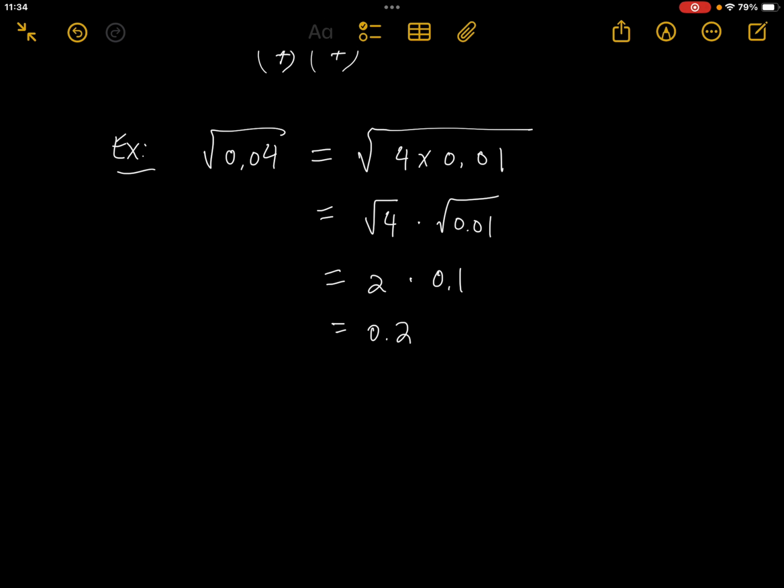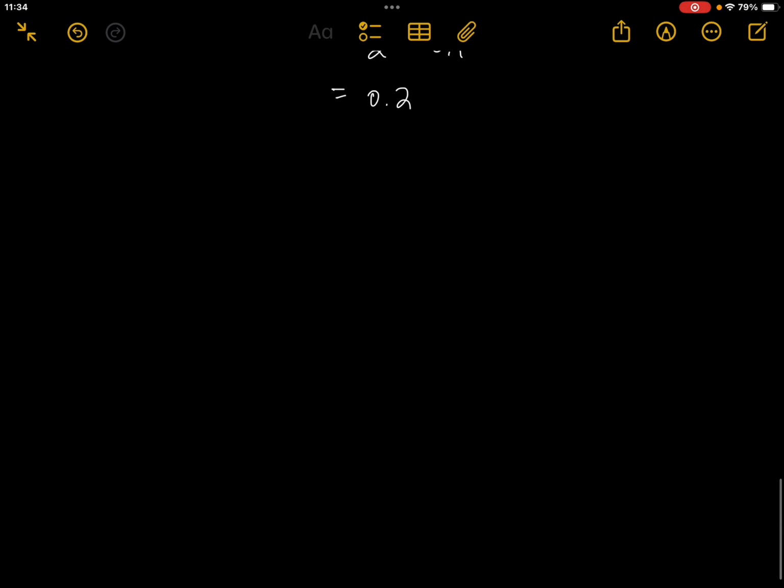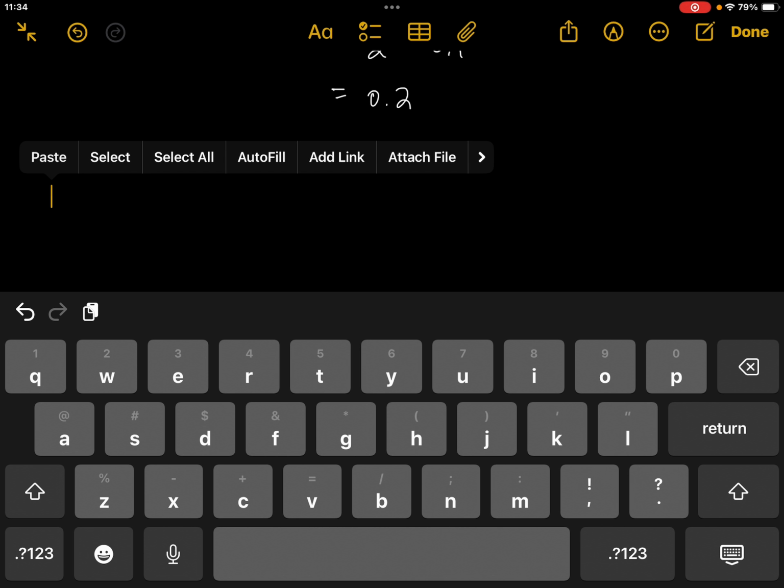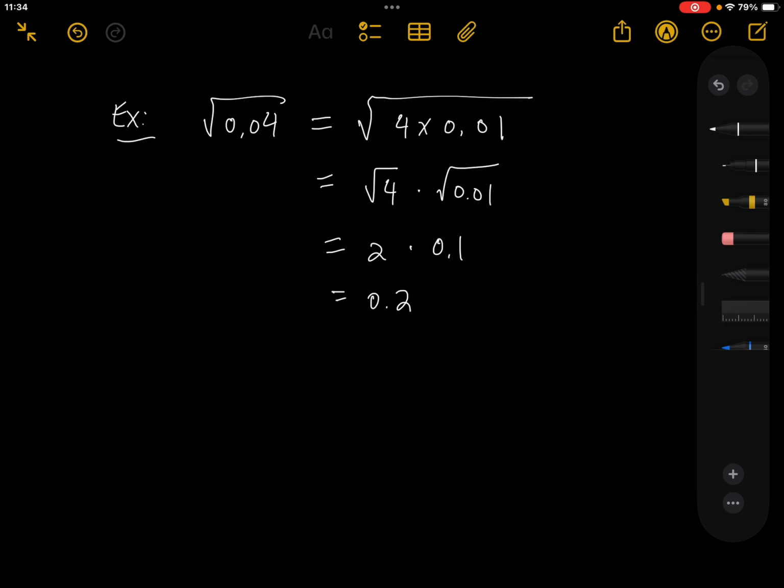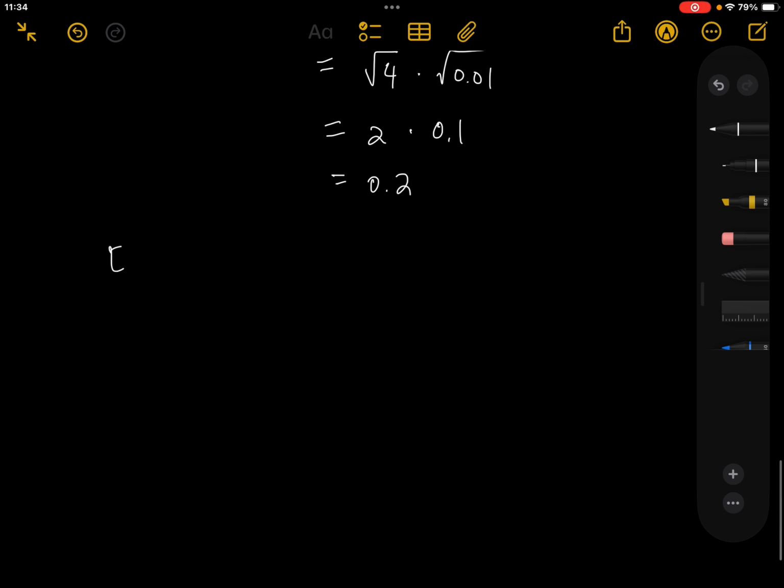Let's do one with a variable. Simplify the square root of 4x squared. Simplifying in this case basically means to rewrite it so that there are no factors on the inside that are squares.